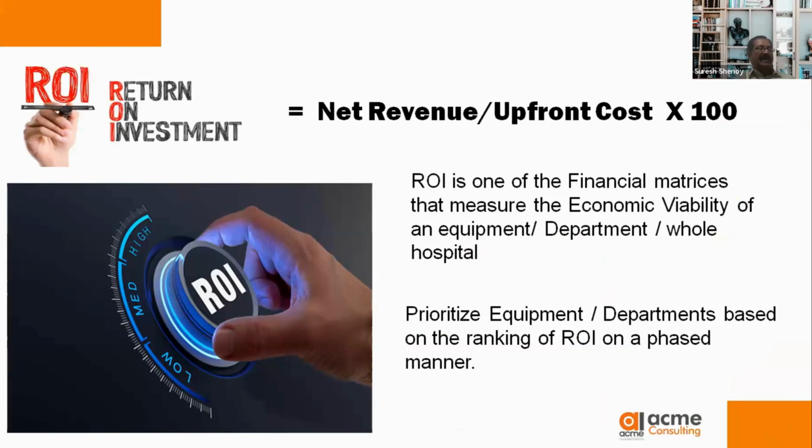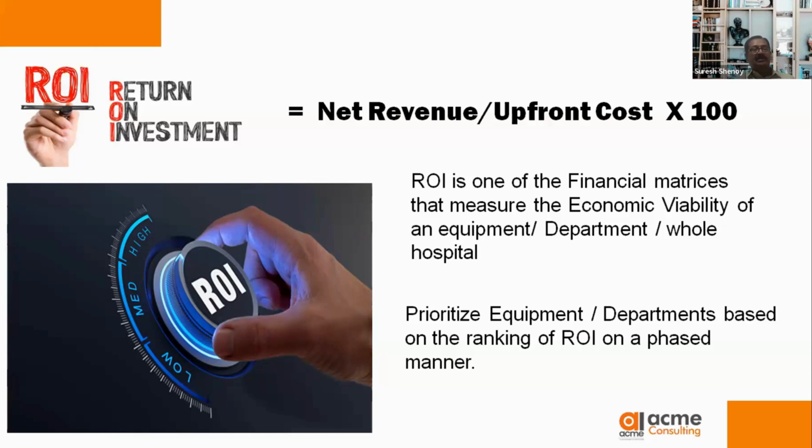For example, to calculate the return on investment, you take the entire revenue, and from that revenue, you have to minus all the expenses, including all the costs, like staff cost or maybe material cost, and rental cost, everything you have to take into consideration. Then you have to arrive at the net revenue.